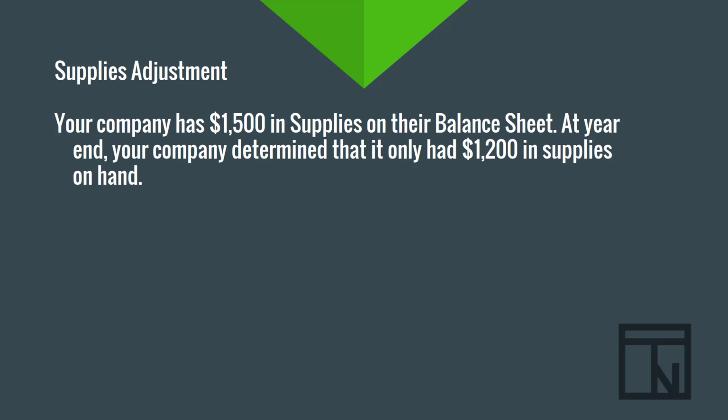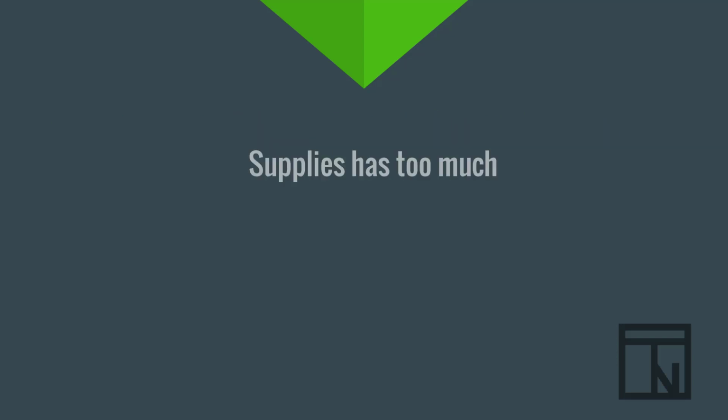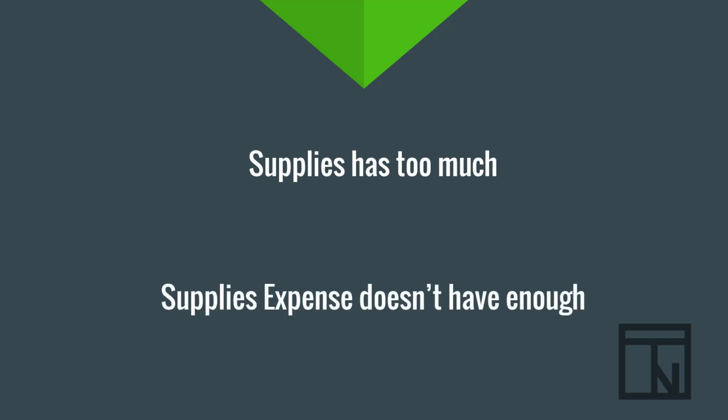So during the year, we must have used $300 worth of supplies, but that didn't get recorded anywhere. So right now on our balance sheet, our supplies account is $300 too high. So we have too much money in our supplies account and not enough money in our supplies expense account. That's the problem we need to correct with this adjusting entry.